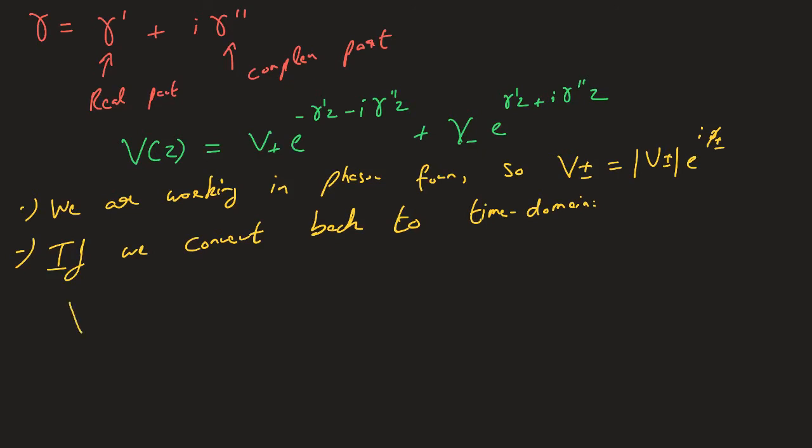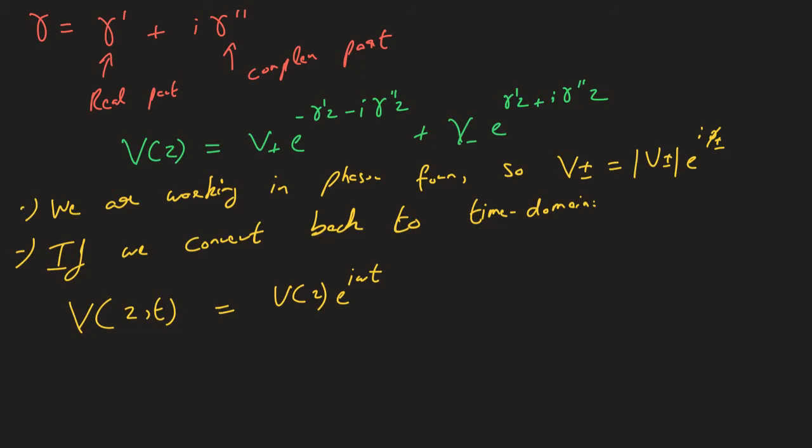then V of z, t in time domain would be equal to V of z, omega, which we found here. First I'm just writing it as V of z times e to the j omega t.